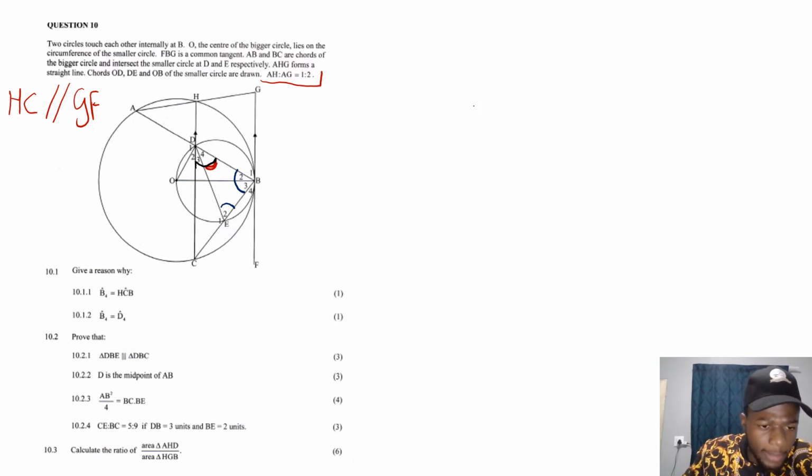Then let's go to 10.2.2. Prove that D is the midpoint of AB. If D is the midpoint of AB, it means we must prove that AD is equal to DB.